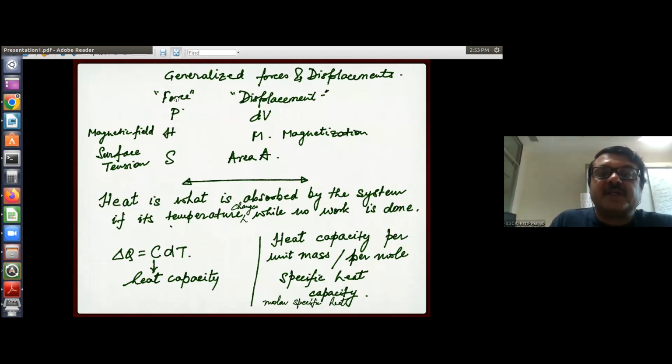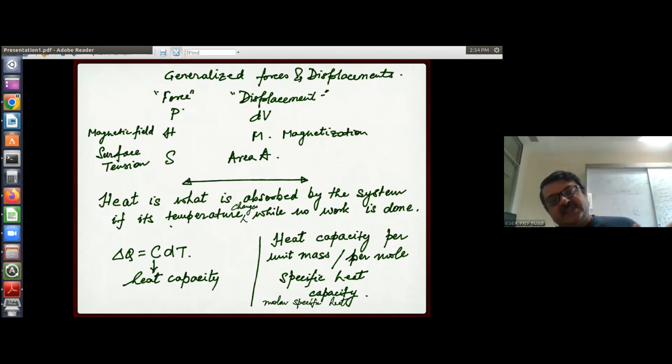So when you're talking about an ideal gas, we will talk about pressure into dV as work done. When you're talking about a rubber, and you're giving some displacement, F dot dx will be the work done. If you have a different thermodynamic system, like a liquid with surface tension, which is basically force per unit length, then the corresponding generalized force will be this quantity, and displacement will be change in area. And again, you will have force into displacement, which will be the work done.